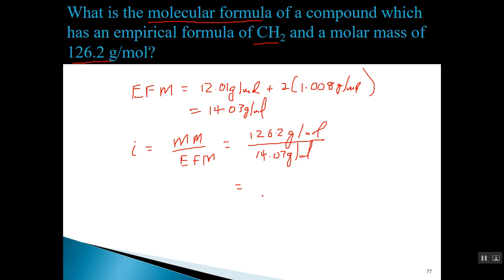Now in this case, I got 8.995, which is very close to an integer, so we can simply round that up to 9. So therefore the molecular formula will be equal to CH2 times 9, which is equal to C9H18. And that would be the molecular formula.